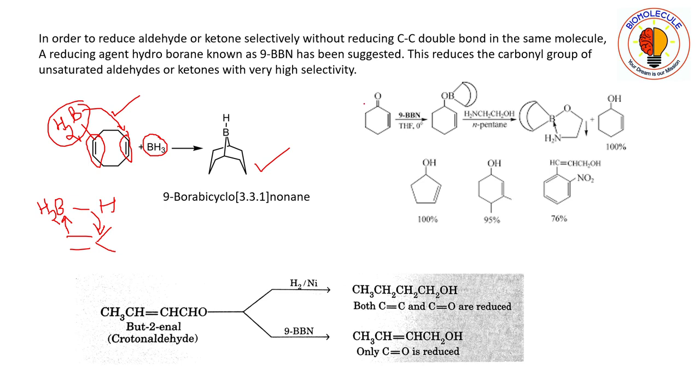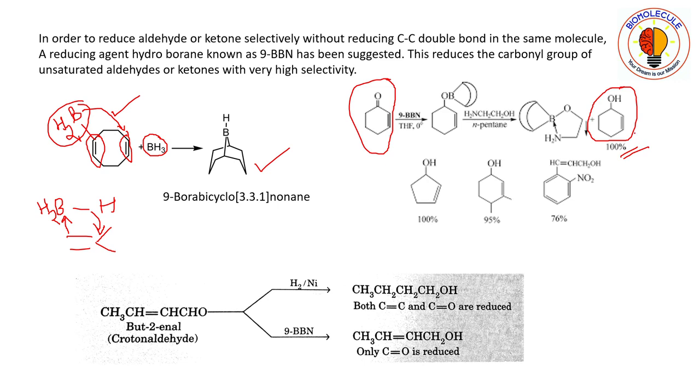Now we take this cyclohexenone and treat it with 9BBN. So the final product we will get is this, that is 100% reduction.